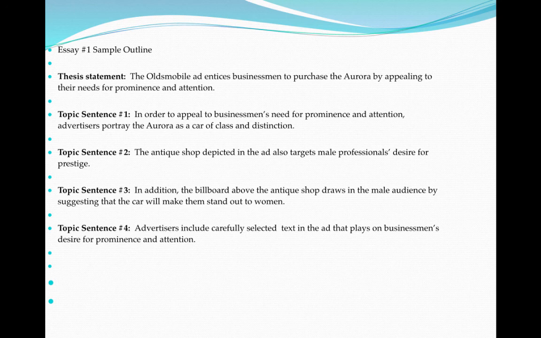So as you can see, each topic sentence relates back to the thesis, falls under the umbrella, and I'm going to discuss a major aspect of the ad in each one. And when I say sign, I mean a major part of the ad that can be interpreted with meaning. Okay, so come back to this when you're working on your outline as an example.